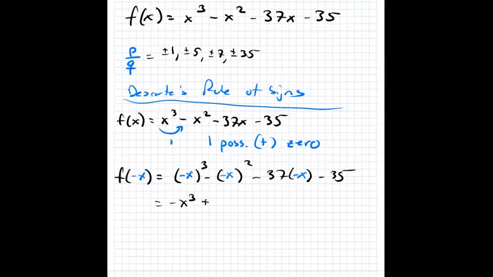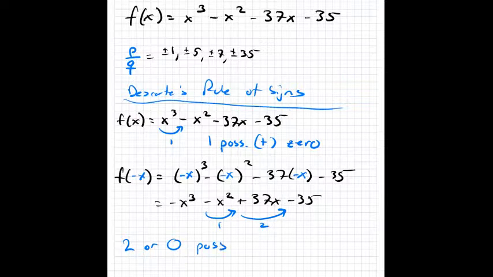It's going to be minus x squared plus 37x minus 35. We got one sign change here and then a second sign change, right? So what this means is that we have either 2 or 0 possible negative zeros.